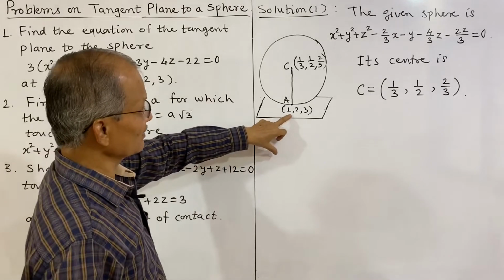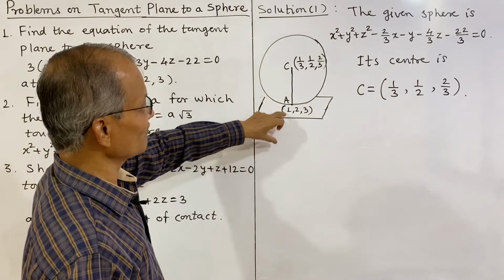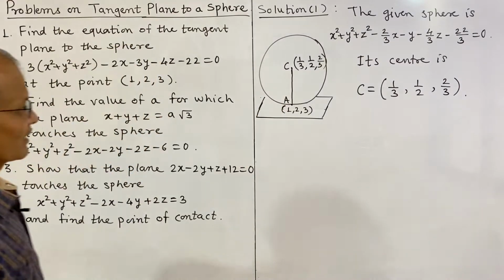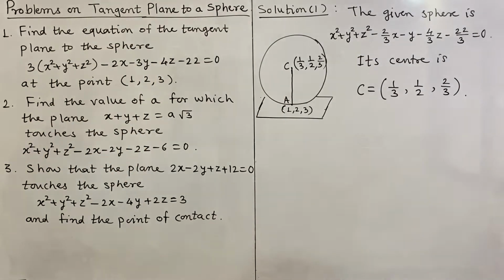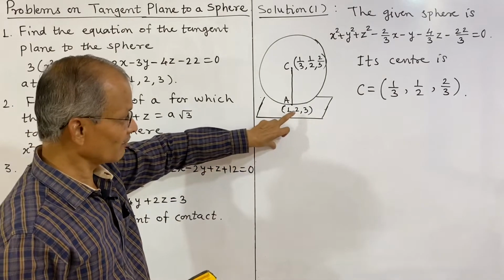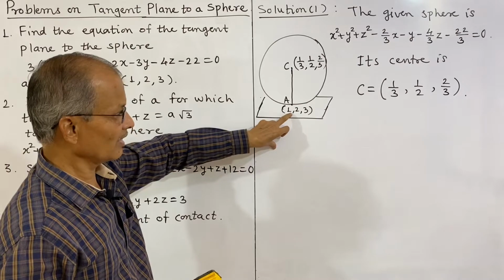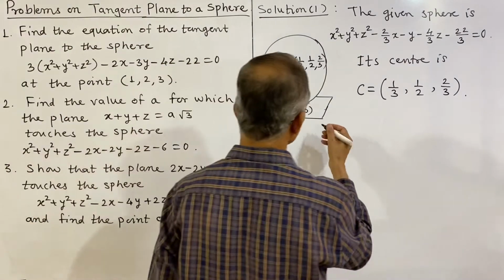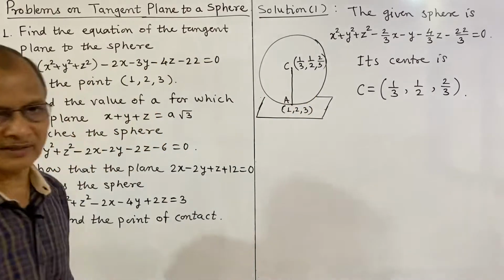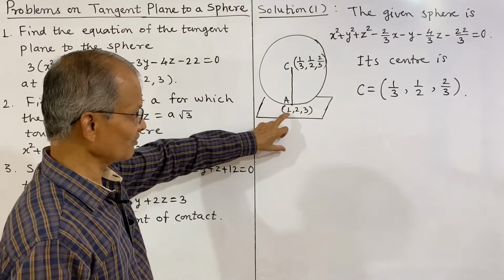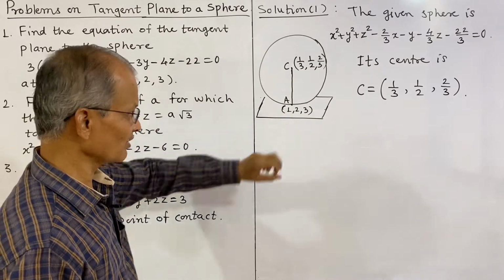The equation of the tangent plane can be obtained by considering the center's coordinates and the point of contact. Now, we will first write the equation of a plane passing through this point 1, 2, 3. The point of contact is given; actually we don't require the radius, we can write the equation of the tangent plane at this point because it is the point of contact.